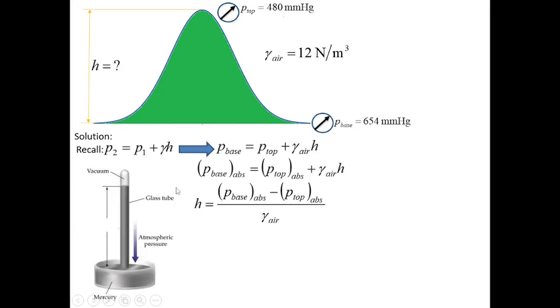And recall that we have here the barometer. In this barometer, this is the height of mercury. The formula in finding the atmospheric pressure is simply equal to the product of the unit weight of mercury and the height of mercury.